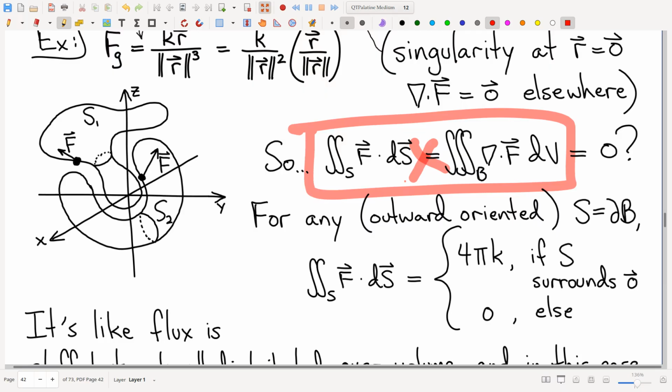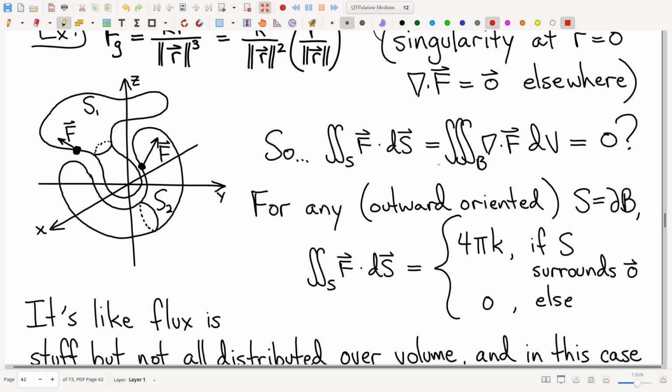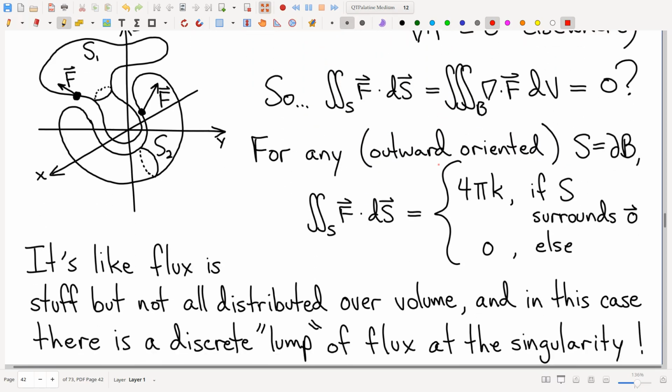Okay, so here's the argument. We have to jettison the theorem, but keep in mind, we have a point of view on the theorem, which is that there's this stuff, and the flux is just a measure of how much stuff there is on the inside. Normally we compute how much stuff there is by integrating the density of the stuff.